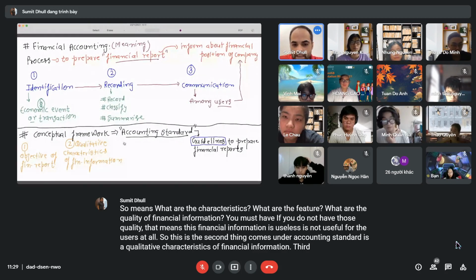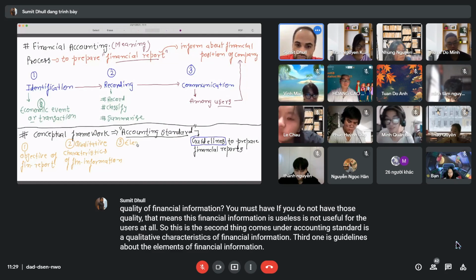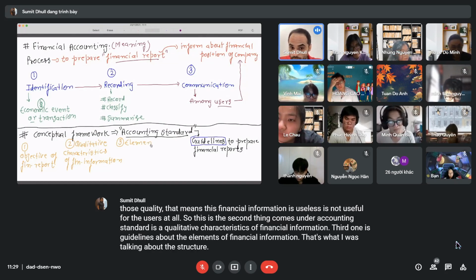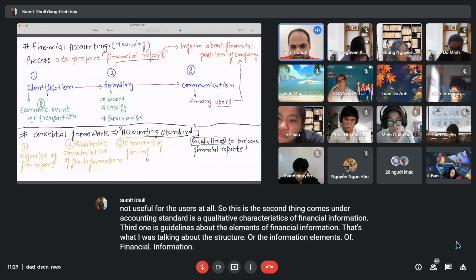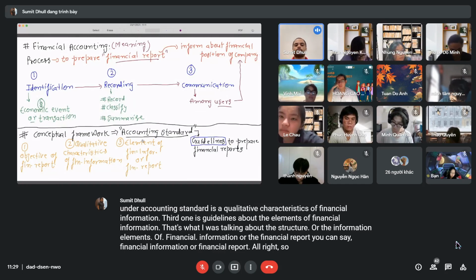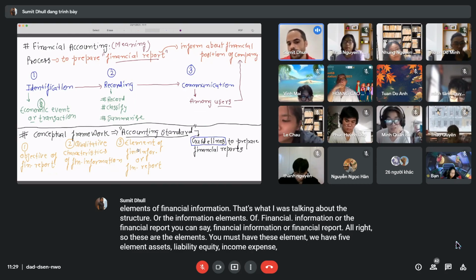Third one is guidelines about the elements of financial information. That's what I was talking about, the structure of the information. Elements of financial information or the financial report. You must have these elements. We have 5 elements: assets, liability, equity, income, expense. We will study them later.